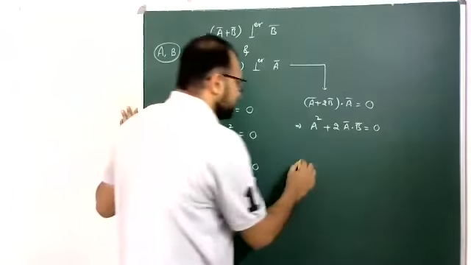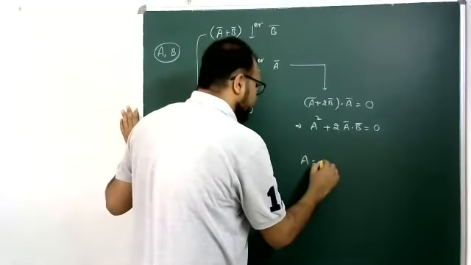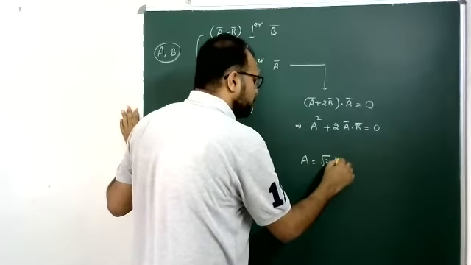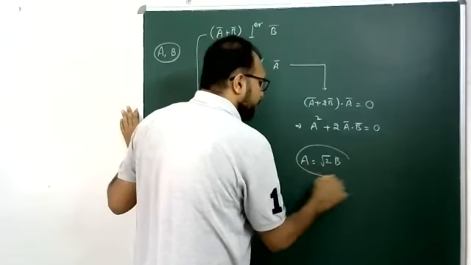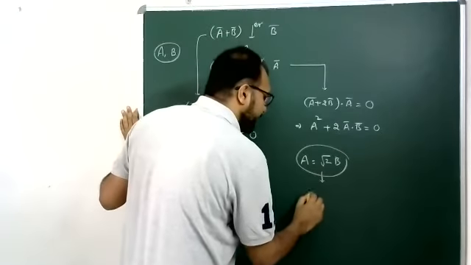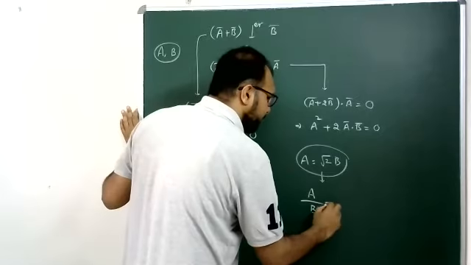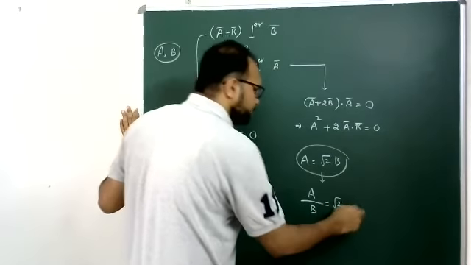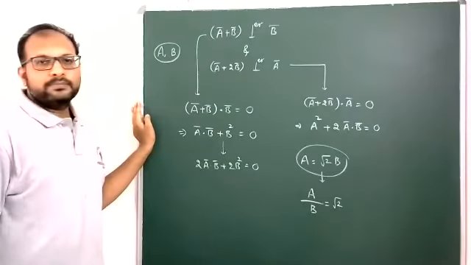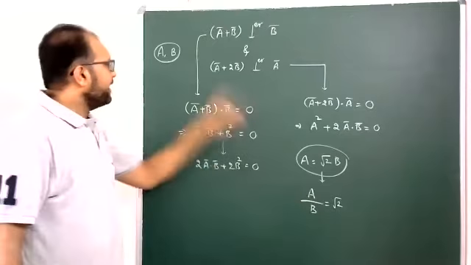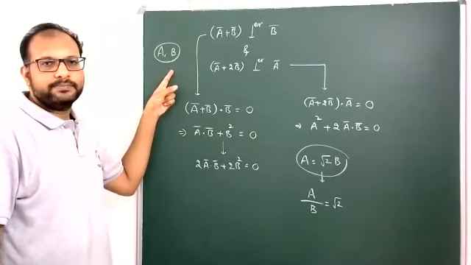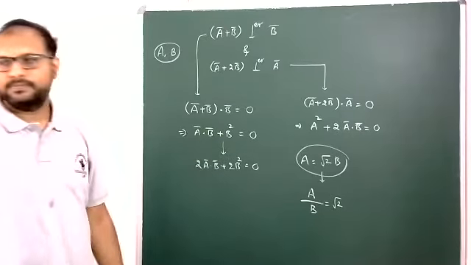Yes, from this, A equal to root 2 into B. That means the ratio of the magnitude of A bar and the magnitude of B bar is root 2. Yes, this is the relation between A and B. Yes, students, take this.